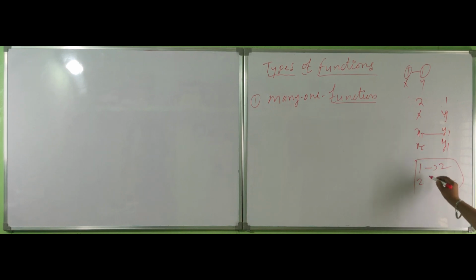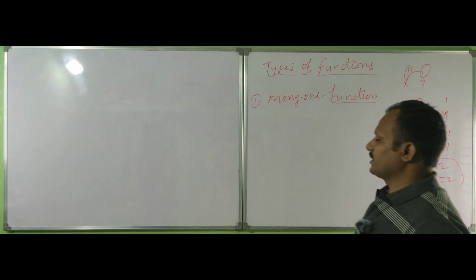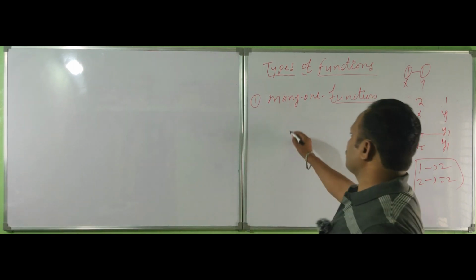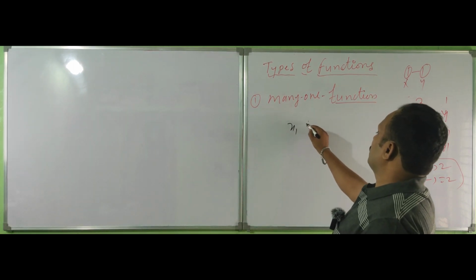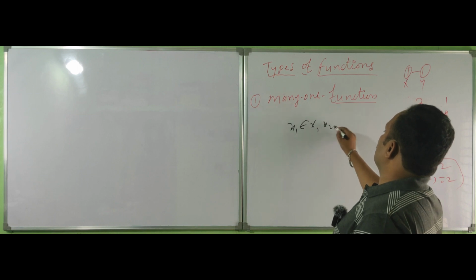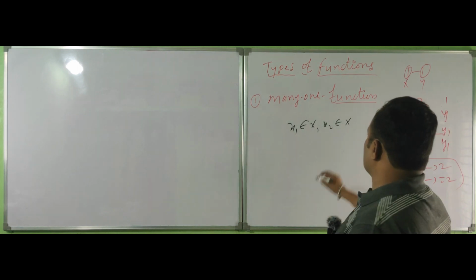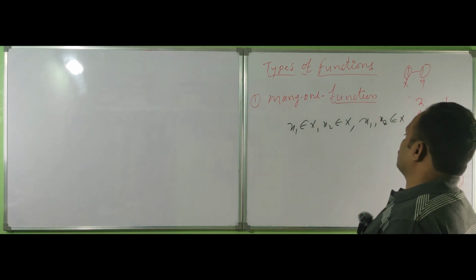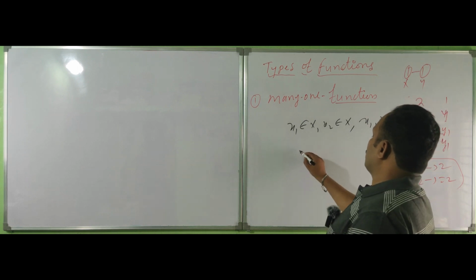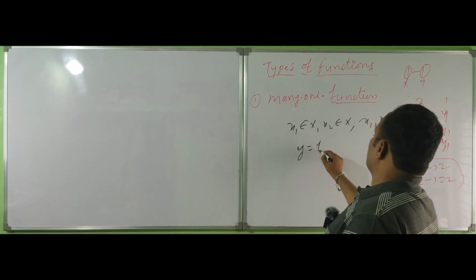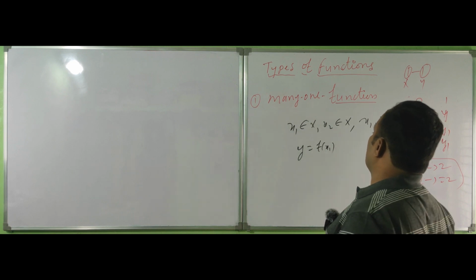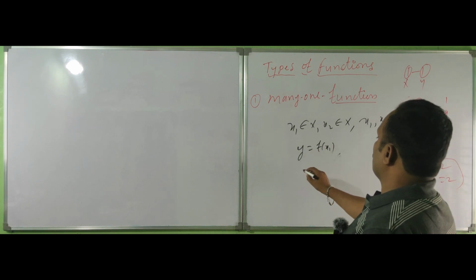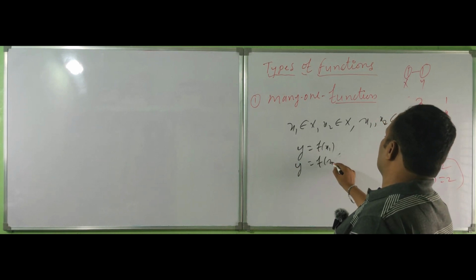Mathematically, x1 belongs to x and x2 belongs to x, then y is equal to f of x1, and again y is equal to f of x2.